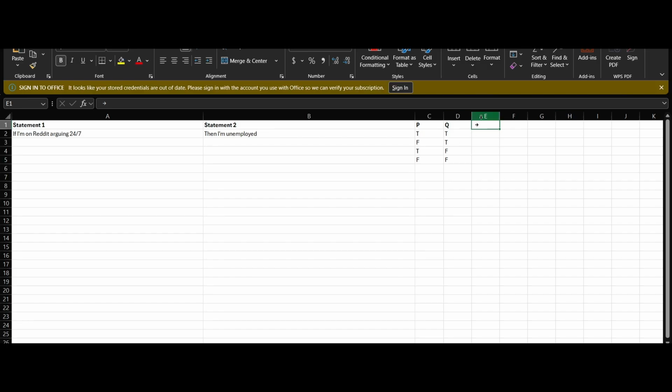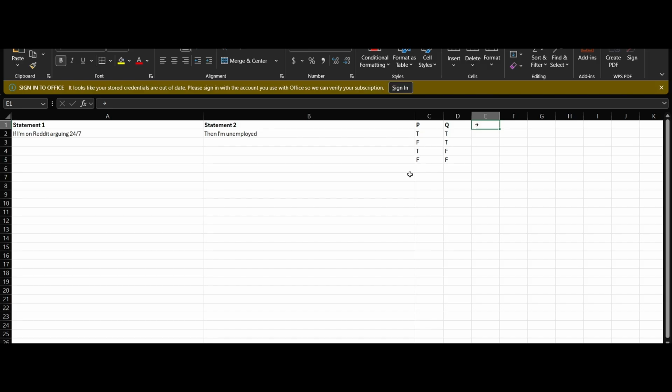And conditional statements are basically if-then statements. You know how in computers, whenever you're creating code, there's always going to be an if and then statement. The same will apply here in formal logic.